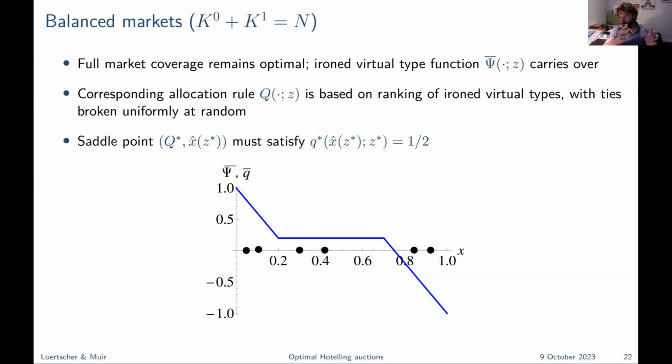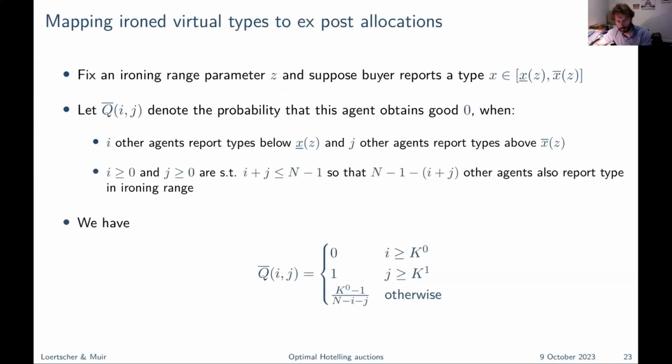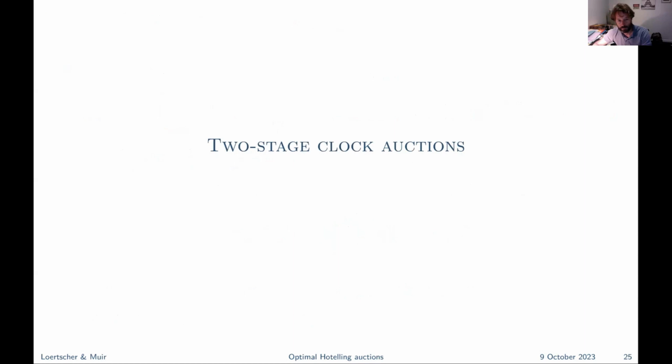There's going to be 3 reserves. One is a reserve for good 0, one is a reserve for good 1, and one is a reserve for the lottery. Now, the lottery reserve is going to be V minus a half, of course. And the other reserves are going to be determined in the way that you would expect.